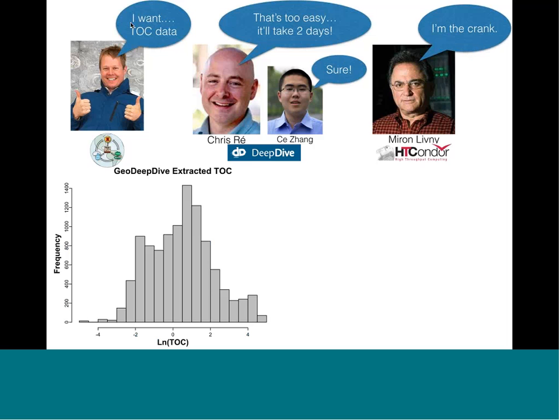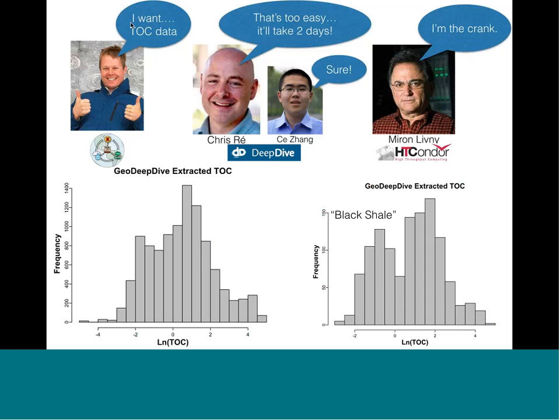This is a very high-level summary of thousands, tens of thousands of TOC measurements that were extracted from the text, tables and figures of documents linked to geological data. And this is, to my knowledge, the first frequency distribution of TOC at a continent scale ever. And when you parse that out a little bit, you see very interesting patterns.